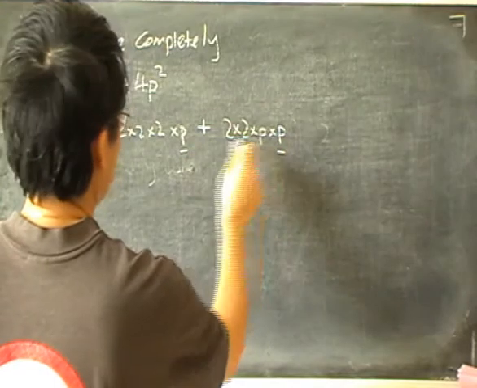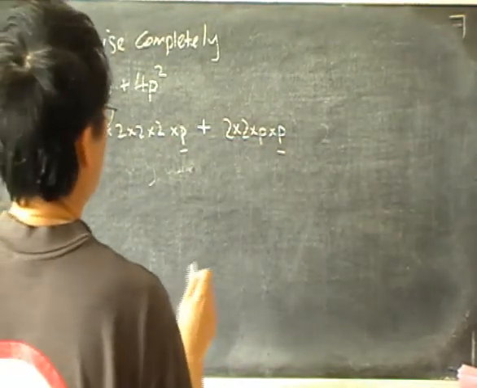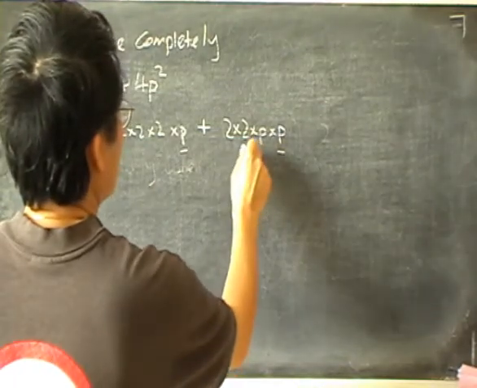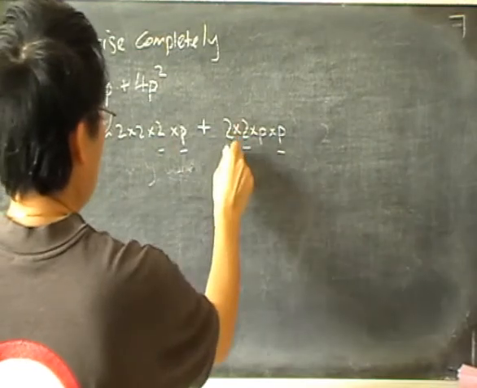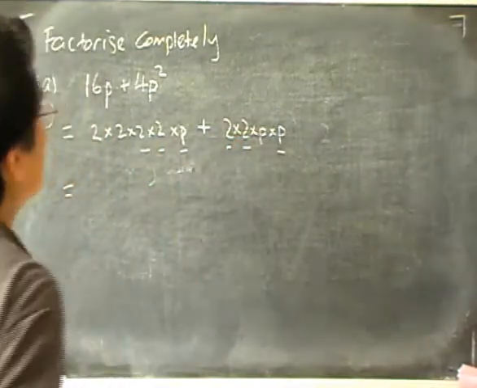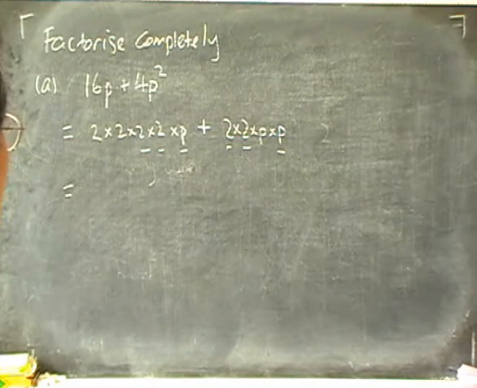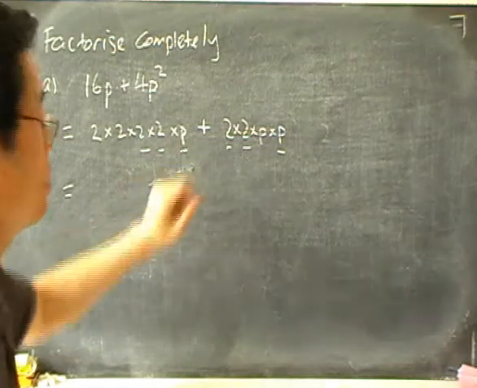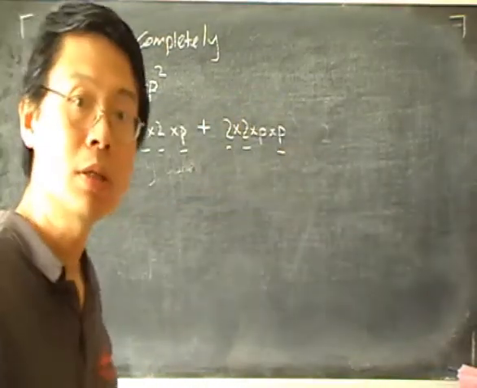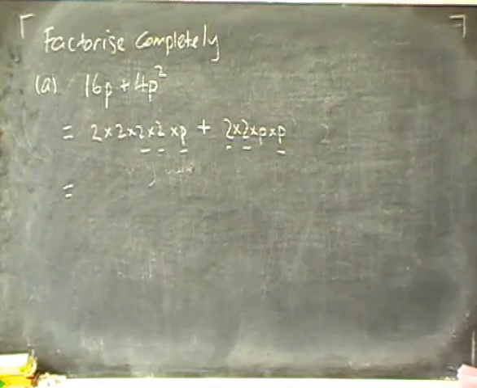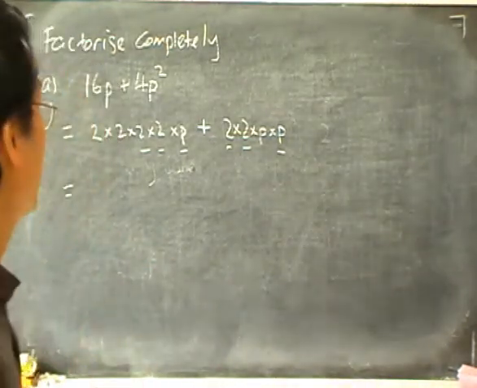That p does not have a common p here. And here the 2 is a common factor, and that 2 is also a common factor. So 2, 2 and p are the common factors. And for factors that are common among terms, I can take them outside of a bracket.